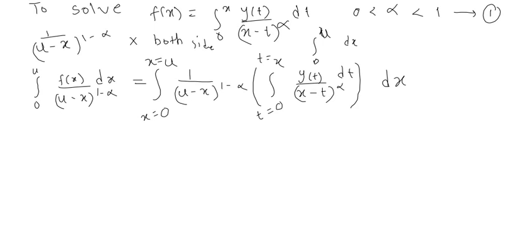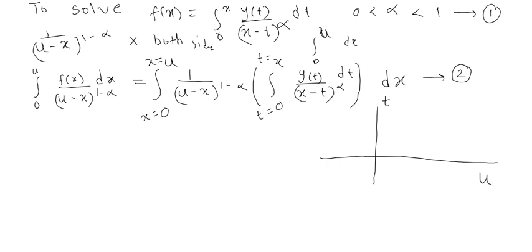Now changing the order of integration, on the right hand side of equation 2 we will get the following. But before that, let us see how we can change this order of integration. So this is the axis t and this is the axis x.